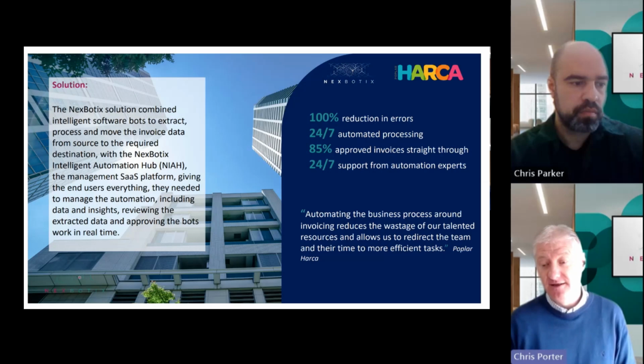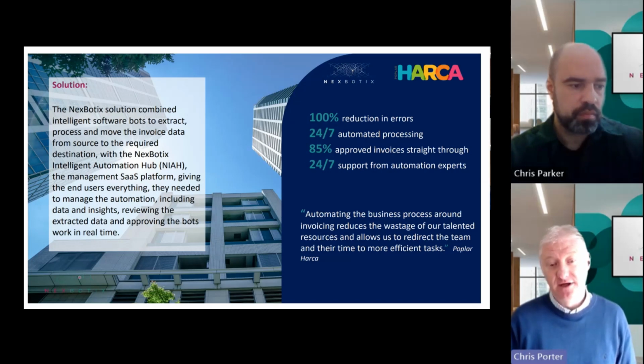For Popular Harker, that was running around 85%. So very, very strong results. And of course, it's a pay-as-you-go solution, which meant we had a lot of flexibility for them in terms of how they grew and scaled the solution.